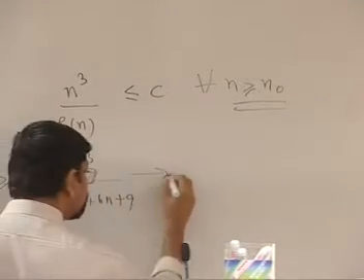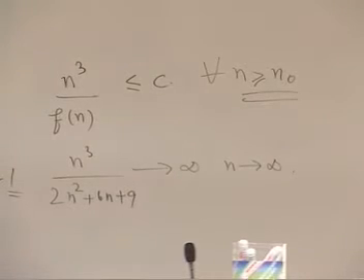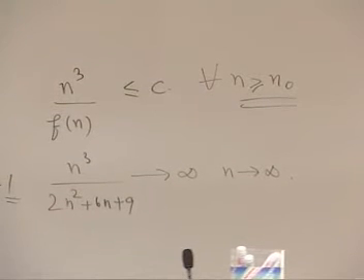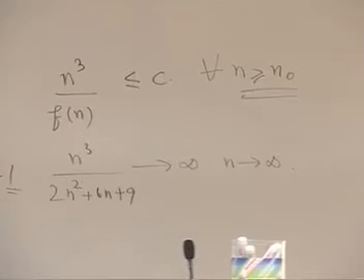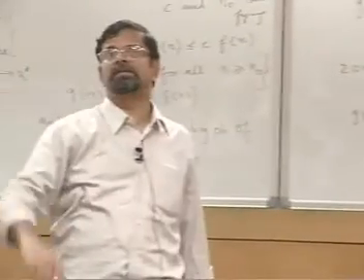This goes to infinity as n goes to infinity. So this ratio is going to become larger and larger, arbitrarily larger. So beyond some point, the ratio cannot be bounded by any constant. You say constant equal to 1 million, this ratio will exceed even that after some point.